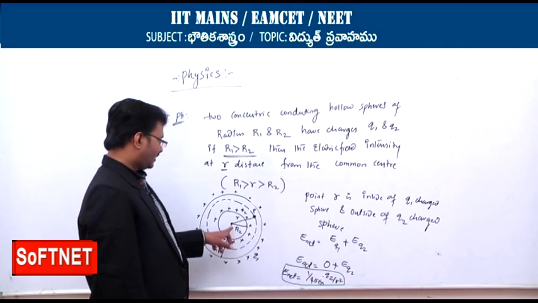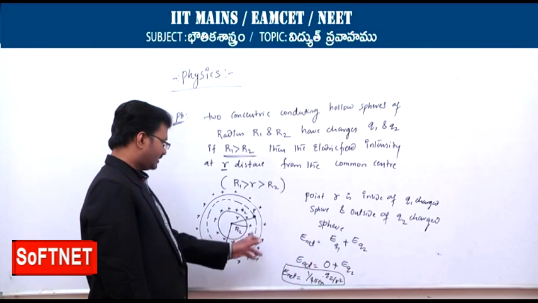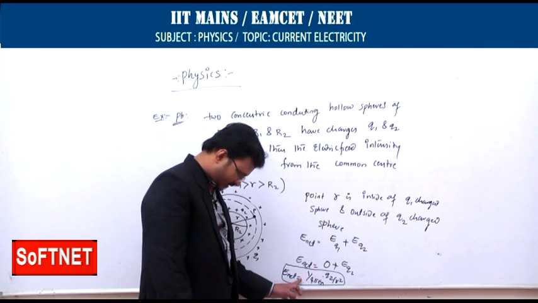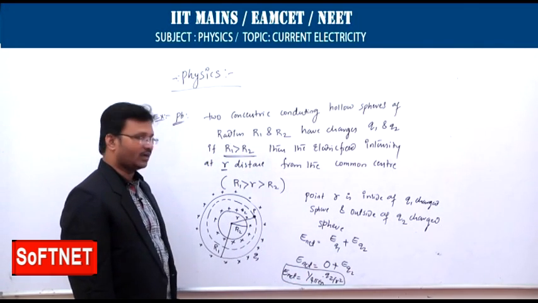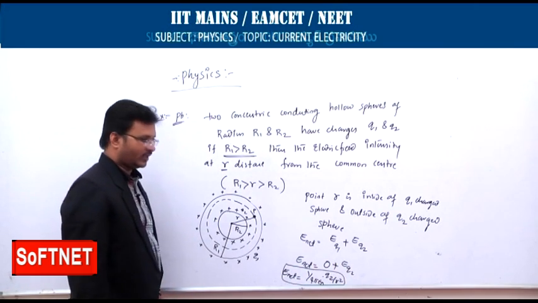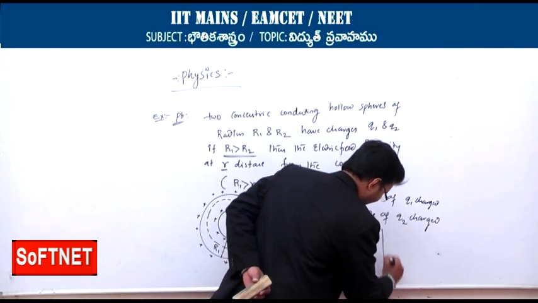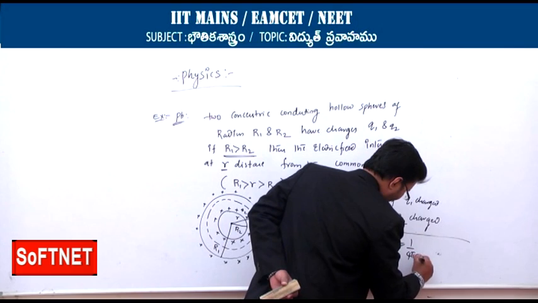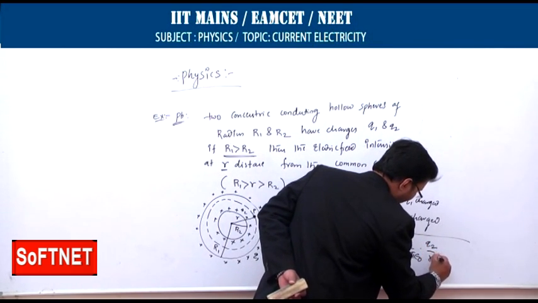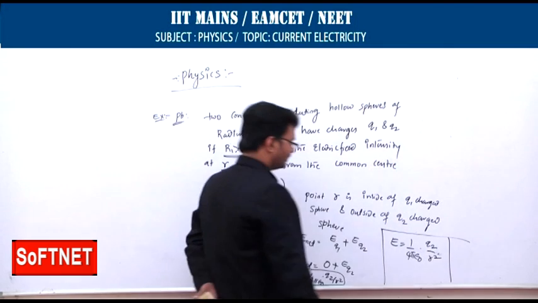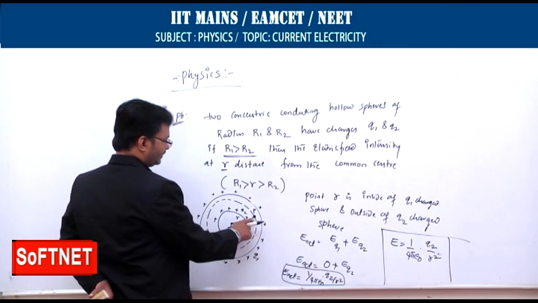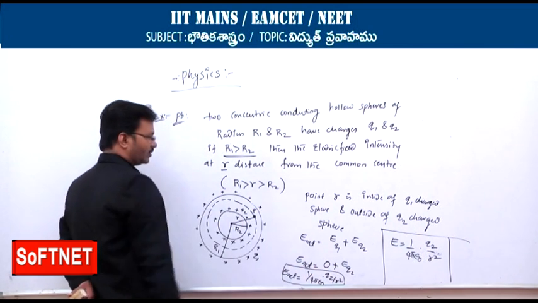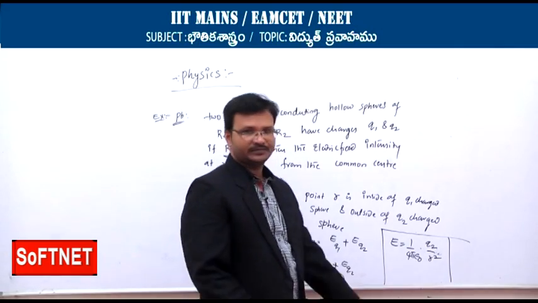This point is outside of this spherical shell, so this shell is going to contribute some electric field intensity. So, E net is equal to 1 by 4 pi epsilon naught Q2 by r square. So, what is the answer? E is equal to 1 by 4 pi epsilon naught Q2 by r square. This is the electric field intensity at this point. This point is inside the Q1 spherical shell, outside the Q2 spherical shell.